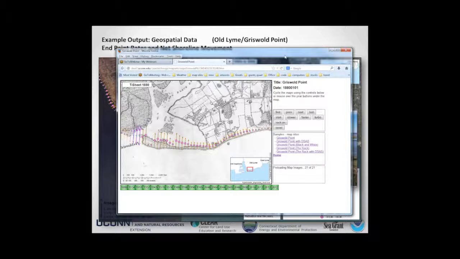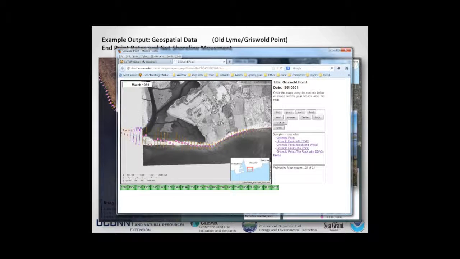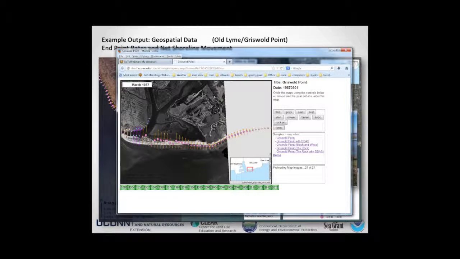So if you can't see these things very well right now, you can go to this web link and do this yourself. I've set up a website that allows you to cycle through some of the imagery, with the data on top of it. You can cycle through the imagery and see what it looks like over the different years and time frames.